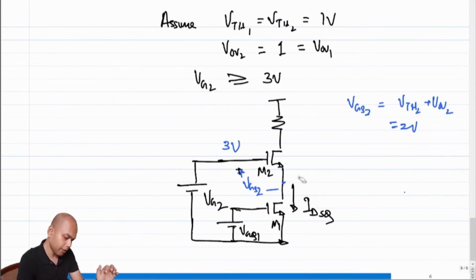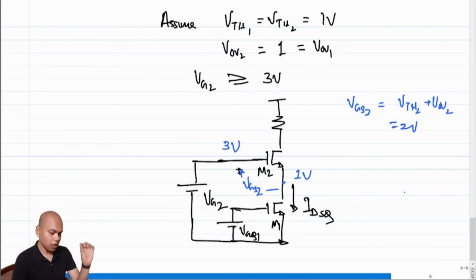What is the source of M2? This is 1 volt. So in order to keep, let's say, M1 in saturation, right? In order to keep M1 in saturation, what do we need? This is something that we have discussed earlier, but not in this context.